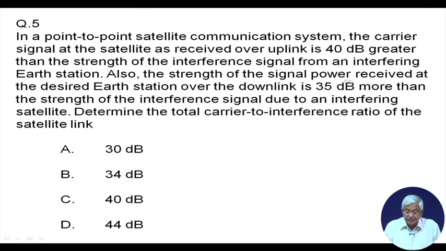Also, the signal power received at the desired earth station over the downlink is 35 dB more than the interference signal due to the interfering satellite. So, in the downlink the carrier to interference is 35 dB. Uplink C by I is given, downlink C by I is given; determine the total carrier to interference ratio of the satellite link, very easy. There are various options given: 30, 34, 40, 44.